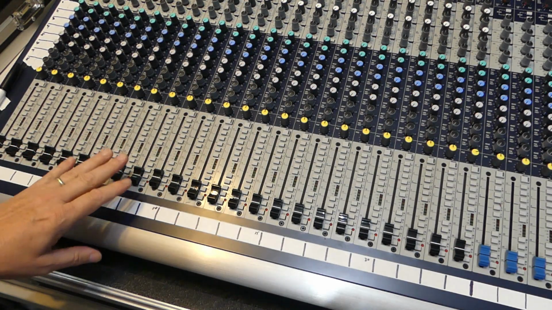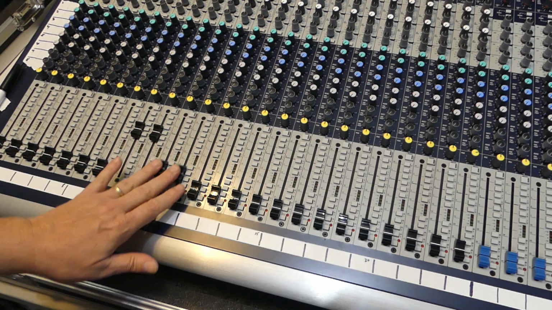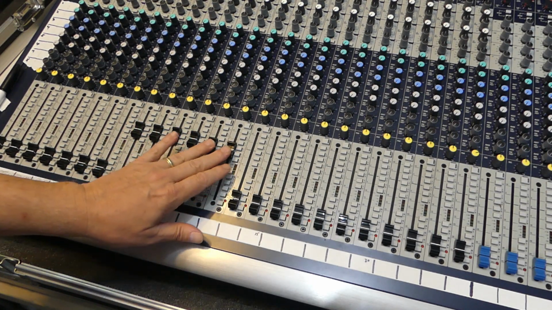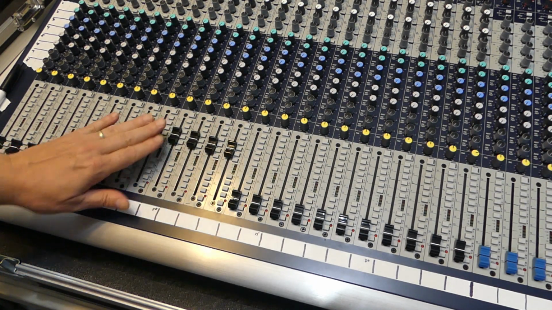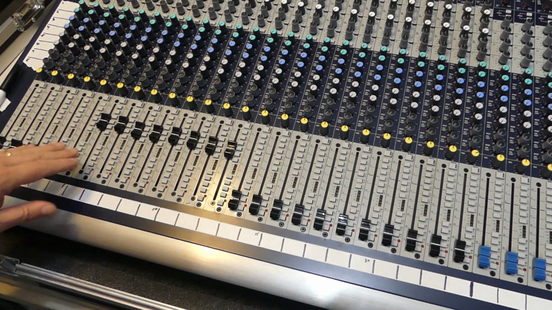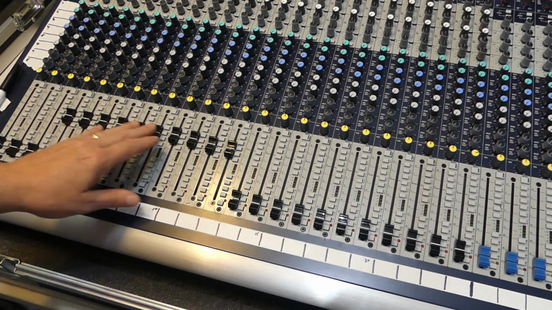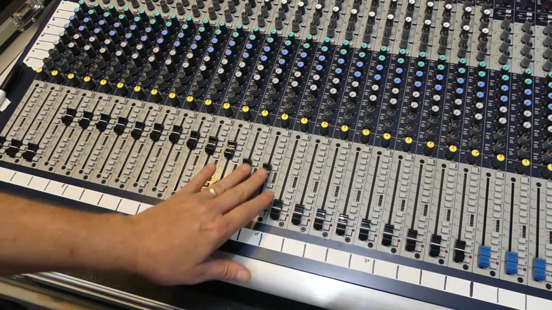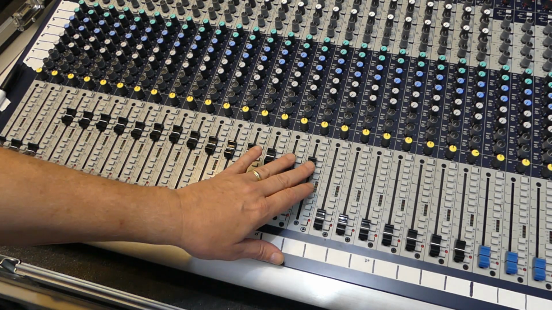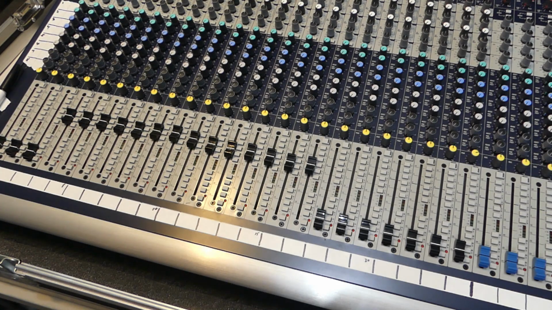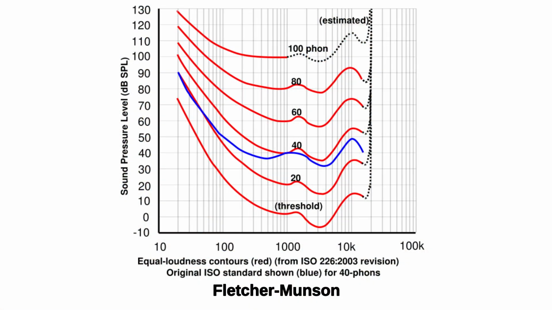Right? A common term that I've heard when people are mixing at Unity is they said they want equal loudness through the system. And they feel that they are getting equal loudness if they set everything to 0. There is something called a Fletcher-Munson curve.